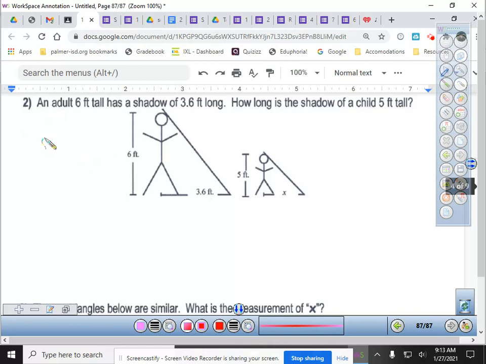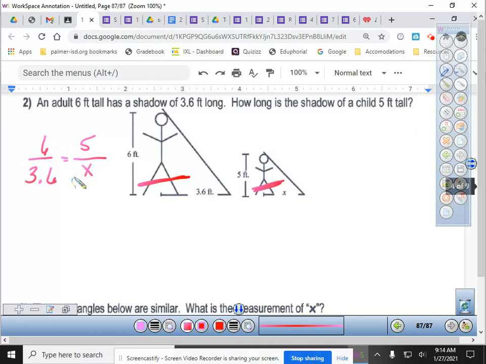Caden, what's the proportion? 6 over X, no, 6 over 3.6 equals 5 over X. Can you cheat here?